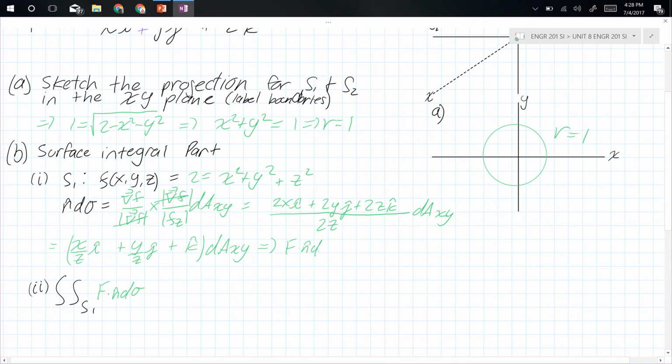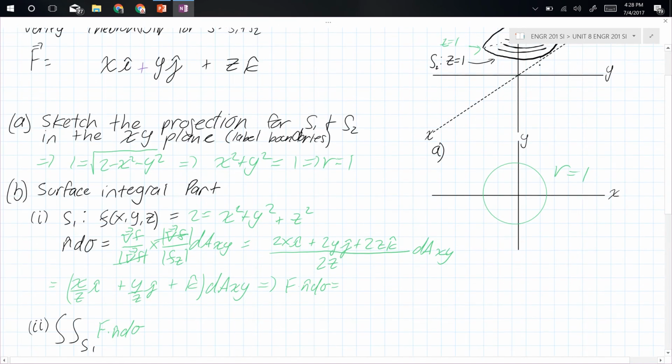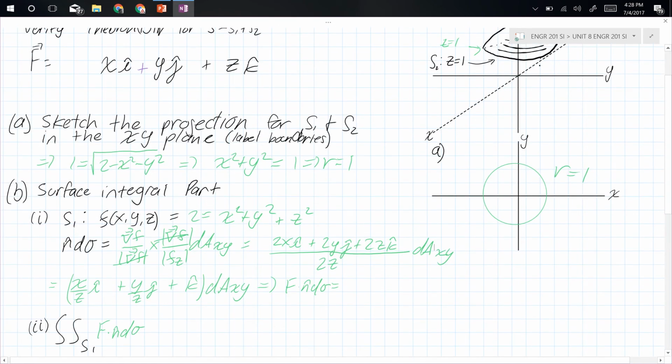So n hat d sigma would equal, since f is equal to xi plus yj plus zk, only multiplying x to the i term, y to the j term, and z to the k term.